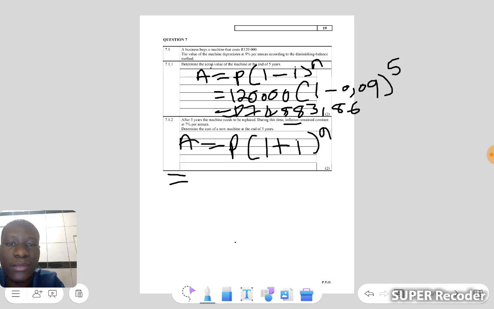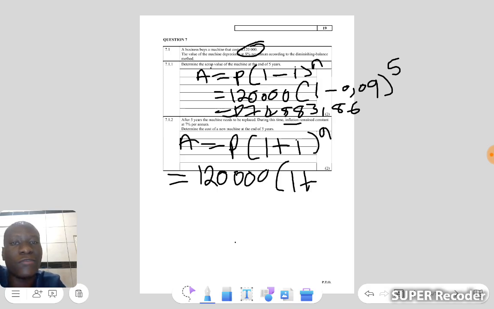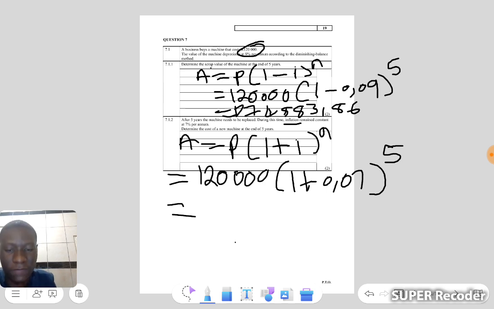So P, we have P again, right? It's 120,000. We are given here 120,000. Then 1 plus i, and now our i is different, so it will be 0.07 to the power of 5. Where is 0.07 coming from? 7 divided by 100, right? I hope that is clear. So let's find the value.